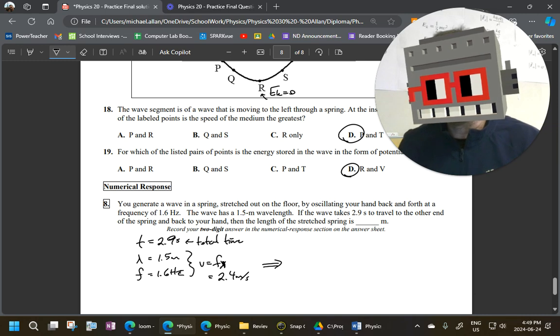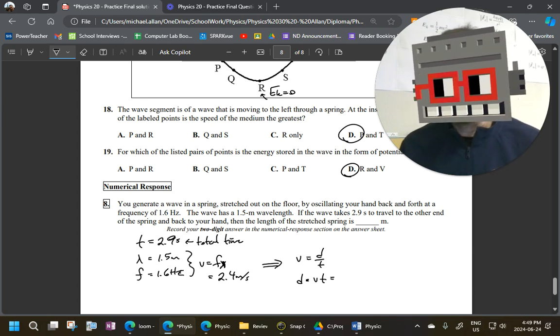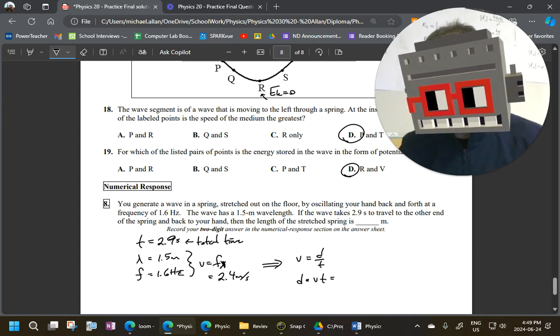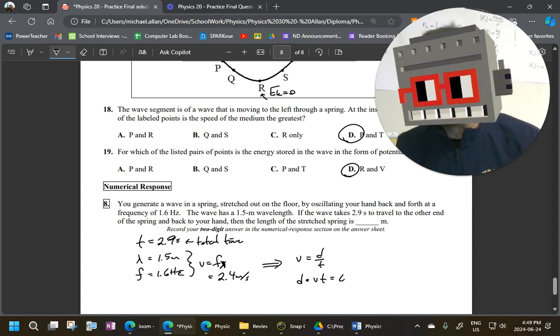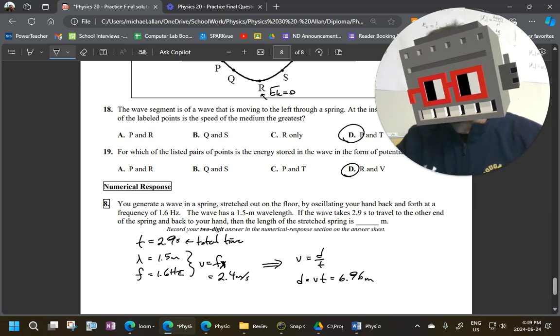Then I'm going to take that over to this other side and say V is equal to D over T. Rearrange this for D and determine that it takes a trip that is 6.96 meters. Okay?